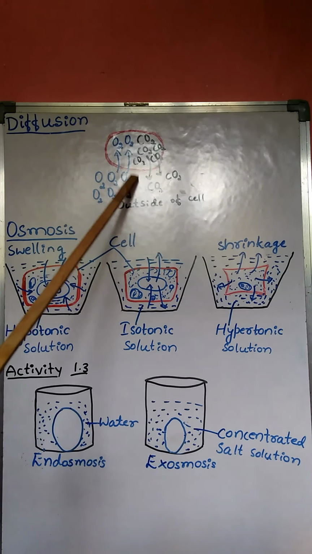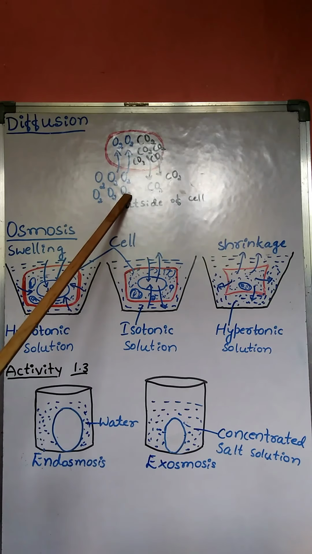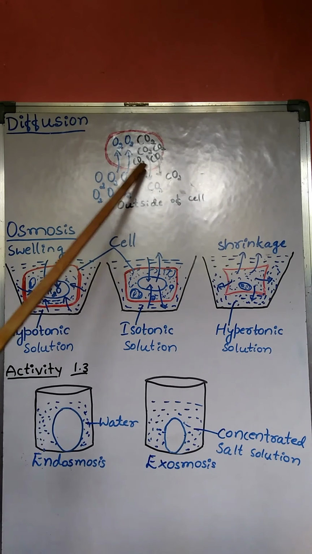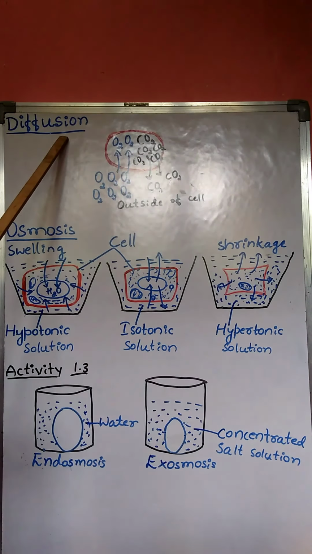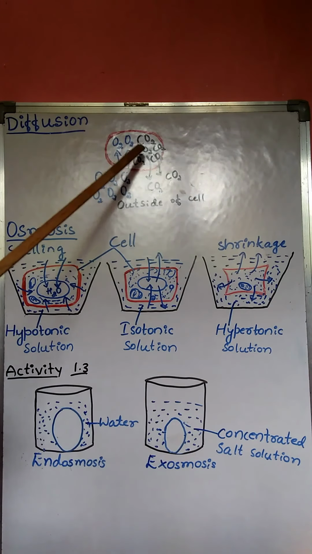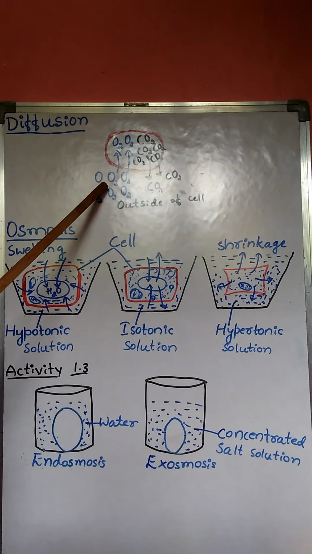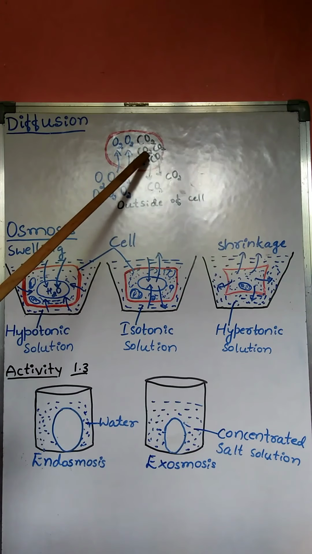Here you can observe the exchange of gases from inside of the cell to outside by the diffusion process. Exchange of carbon dioxide as well as the exchange of oxygen takes place by diffusion. Carbon dioxide is produced during metabolic activities as metabolic waste.